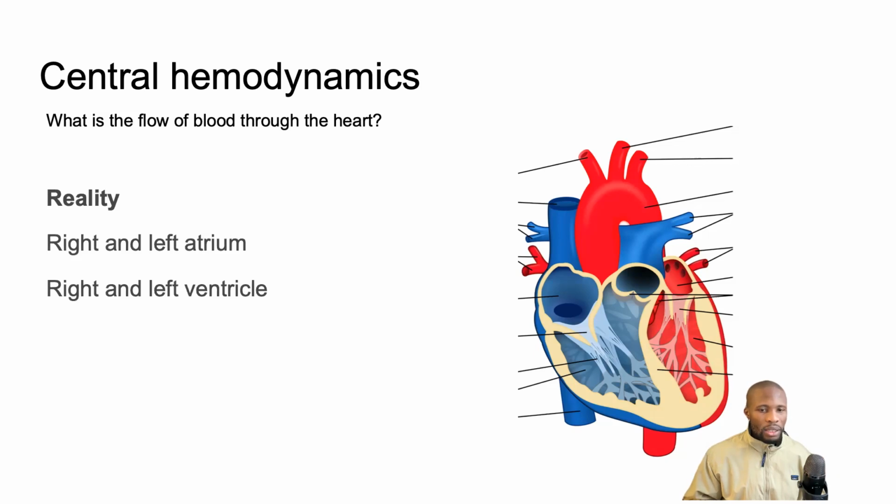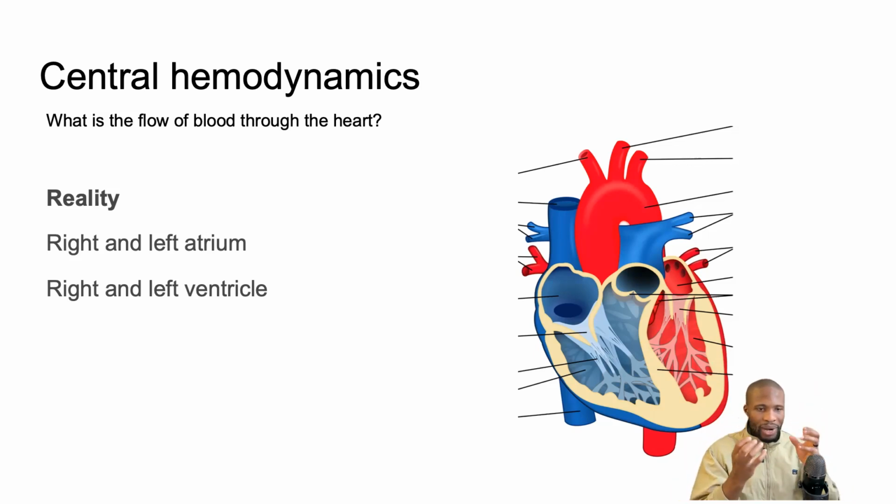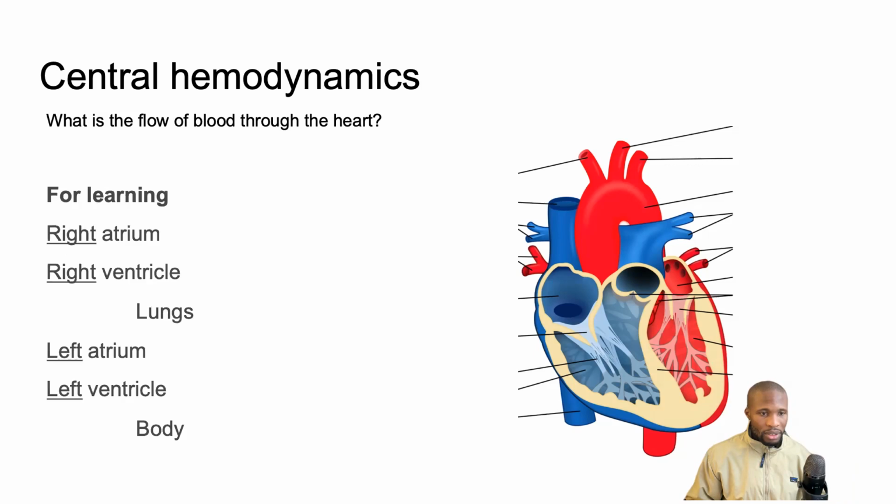But then when we look at it more specifically, it's going to go right and left atrium that are receiving blood. That's the first step. And then it's going to go into the ventricles, the right and left ventricle. So we go from the outside of the body and we said it goes into the heart. But specifically, it's going to go into the right and left atrium, and then it goes into the right and left ventricle before it then goes out to the rest of the body.